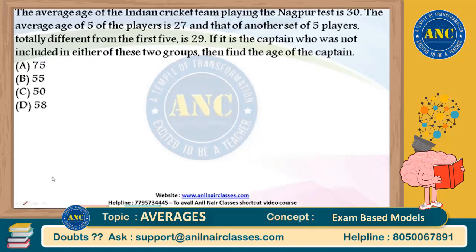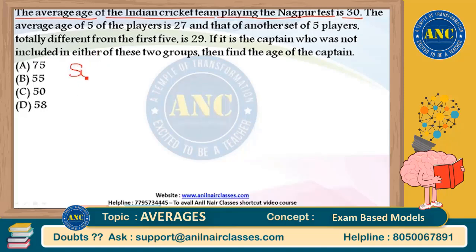These are all the questions which I expect my students to be very fast on from now onwards, and I am taking next level questions also in some time. Please listen. The average age of the Indian cricket team playing the Nagpur test is 30. That means there are 11 team members.